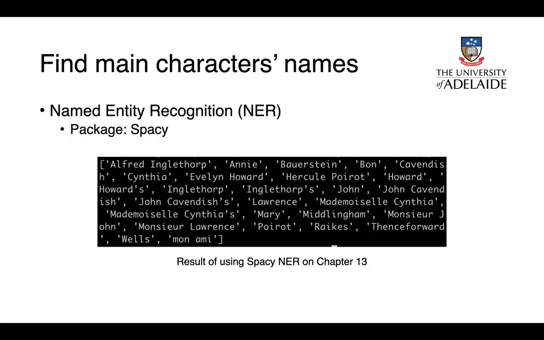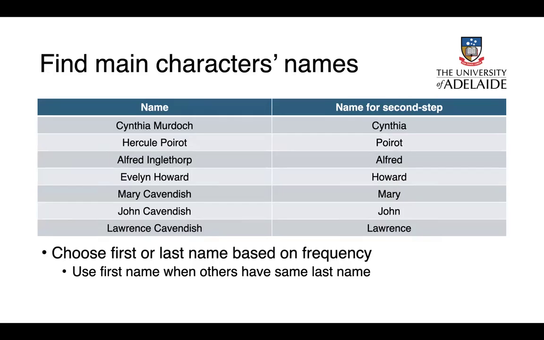This is the first step. We use named entity recognition provided by spaCy to find names of characters. The picture is the result of NER on chapter 13. And we use NER on all 13 chapters, and we identify 7 main characters. This is the list.